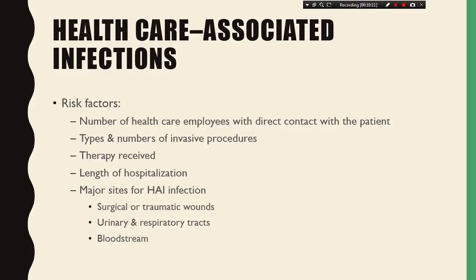Patients who have had complex open procedures are at risk for HAIs. Many surgeries are now performed minimally invasive and as an outpatient procedure. Major sites for HAIs include surgical traumatic wounds, urinary and respiratory tracts, and bloodstream.